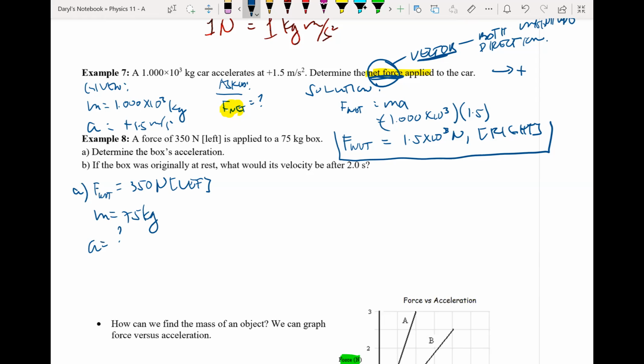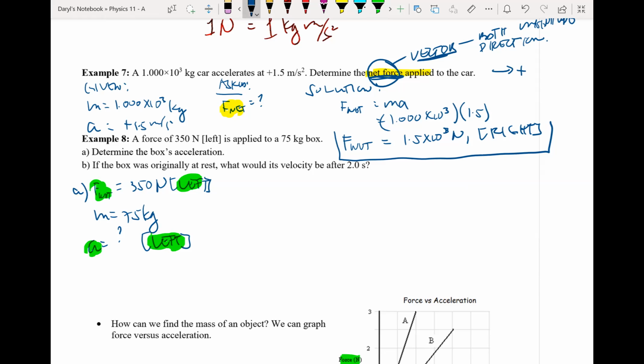However, right away, remember that based on the second Newton's law, whatever the direction of the net force would be the direction of your acceleration also. So therefore, this direction is left. So without necessarily solving it yet, I already know that the direction of my acceleration is left. Again, the reason being is that since the net force is directed left, the acceleration is also left.